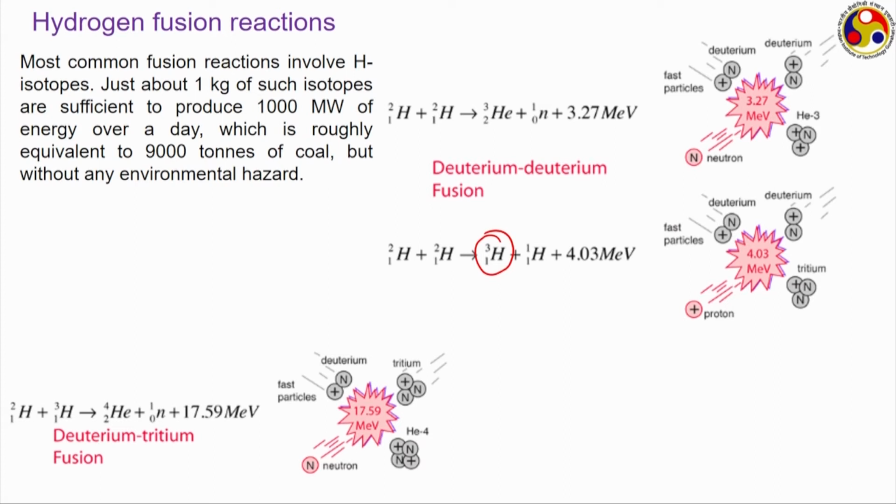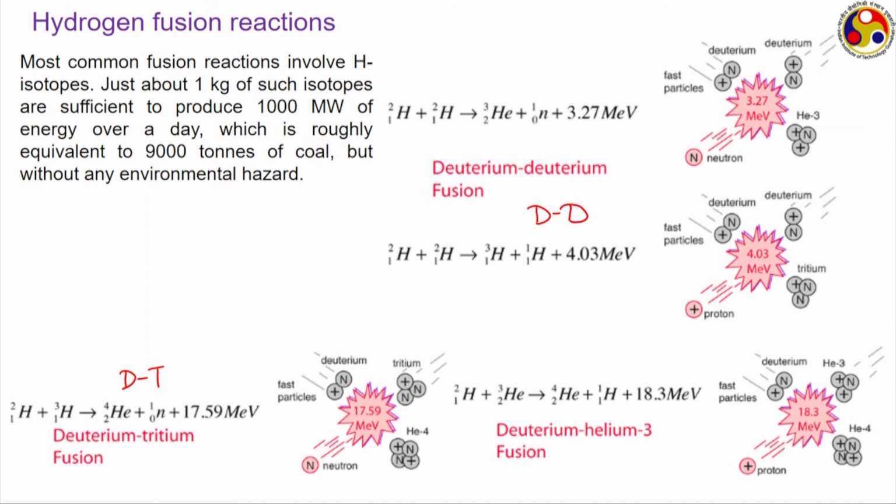This one, like the previous two, where only deuteriums participate in the reaction, is often called the DD reaction, whereas this is commonly known as the DT reaction, because here deuterium and tritium participate together.